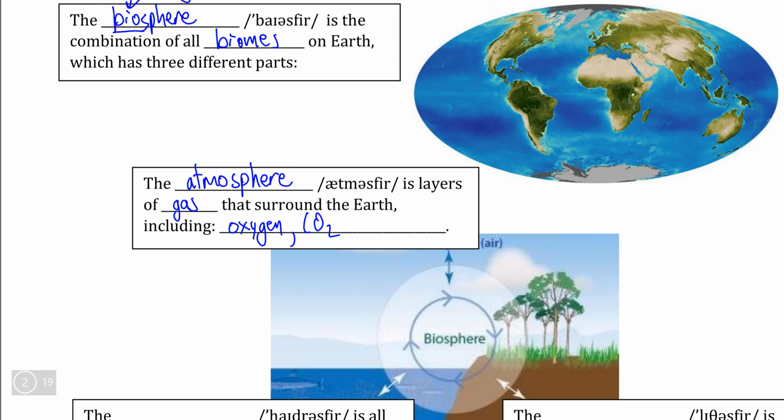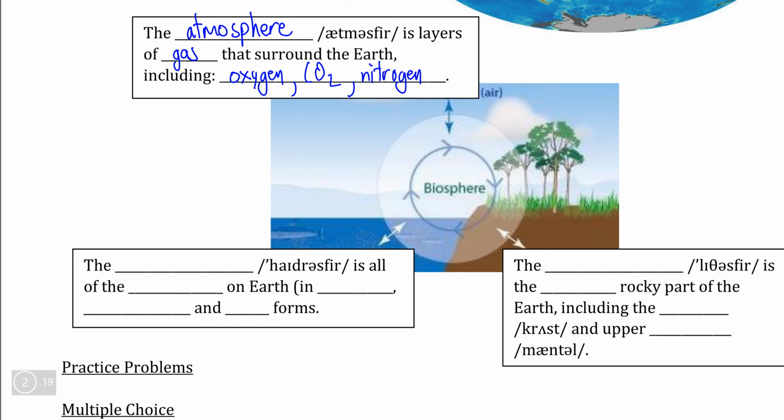Carbon dioxide, even though we recognize it as a pollutant or a greenhouse gas, is important for keeping Earth's temperature relatively stable. And a third gas that the atmosphere is made of, that explains why the atmosphere is blue, is nitrogen. So all of these are examples of gases that make up the atmosphere.